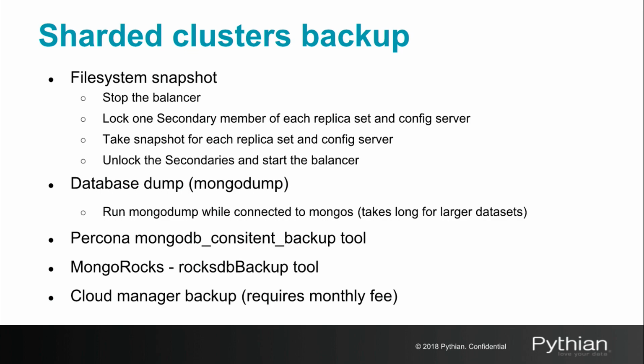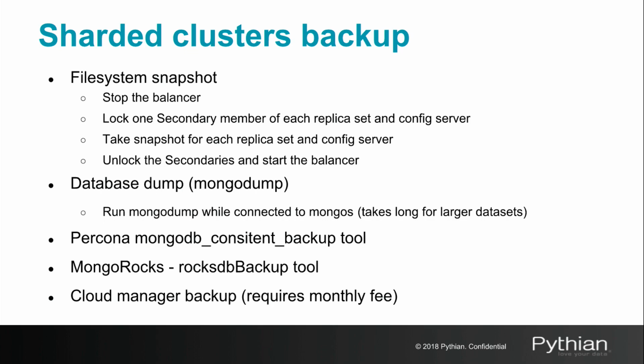So for file system snapshots, the steps are that we stop the balancer. Each shard is representing a replica set. Taking backups of a replica set means that we can lock one of the secondaries, and that's for each shard and the config servers.